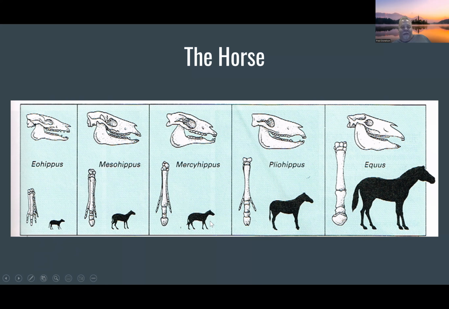So Mesohippus and Merychippus actually could get longer legs because they could support more weight. And so if you've got longer legs, now you don't have to worry about jumping into a thicket. In fact, you're maybe too big for that, but you have longer strides, and so you can run away.